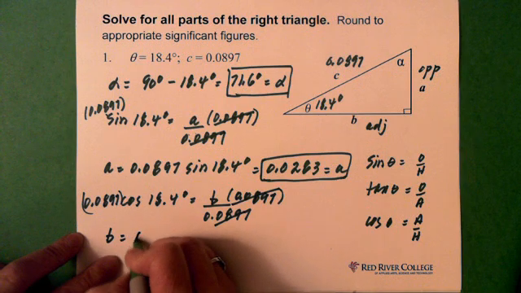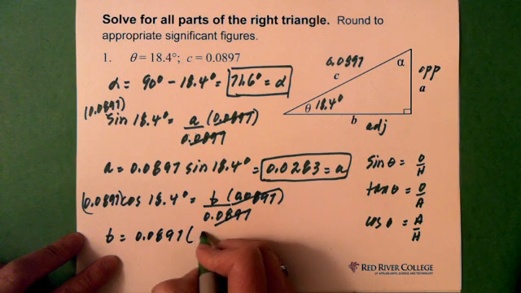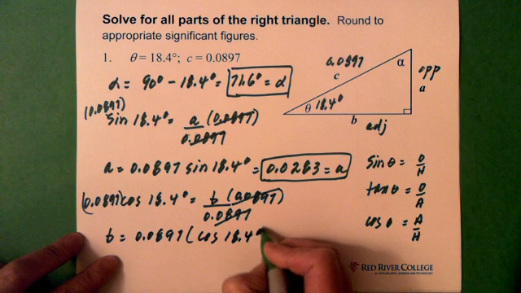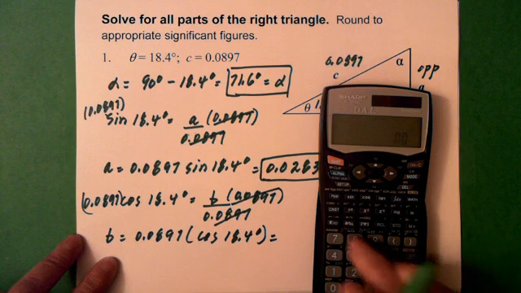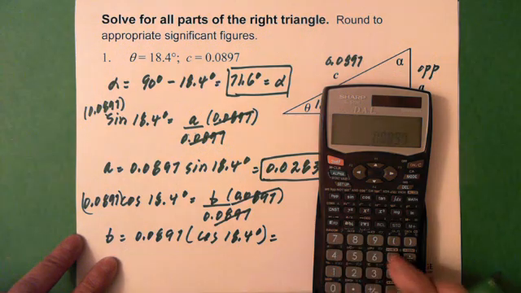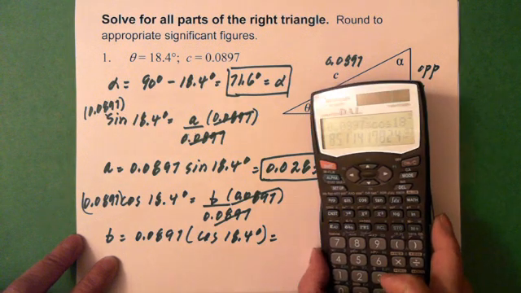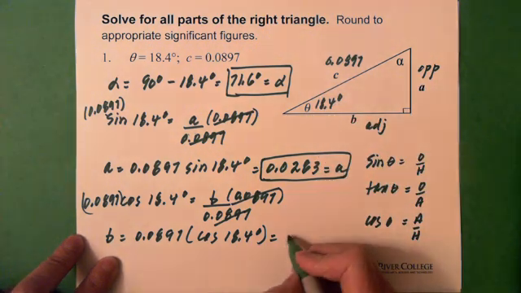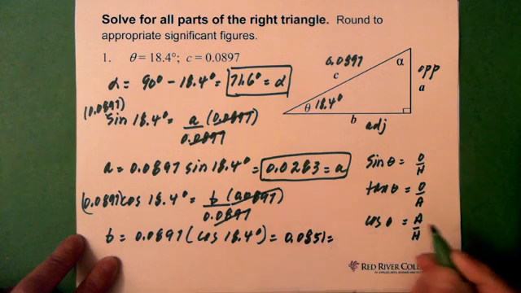So b equals 0.0897 times the cos of 18.4 degrees. That equals 0.0851. And that equals b.